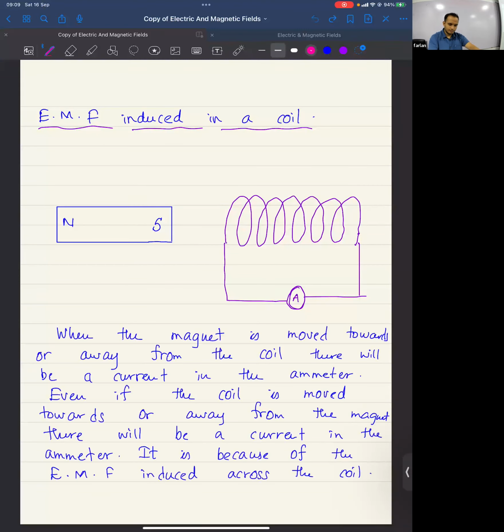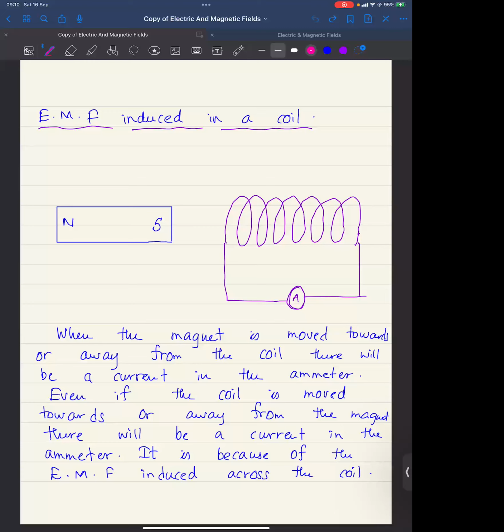Okay, right under that. When the magnet is moved towards or away from the coil, there will be a current in the ammeter. Full stop.